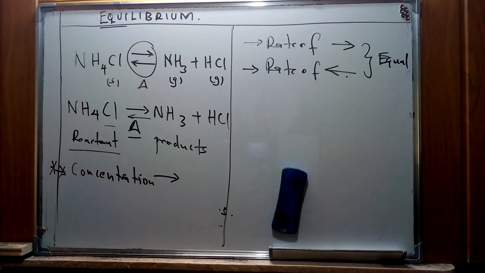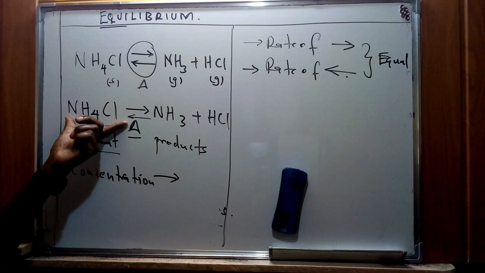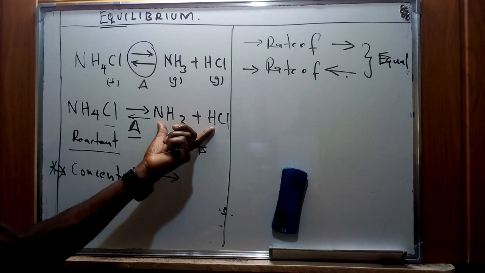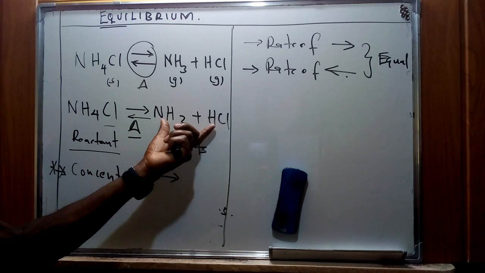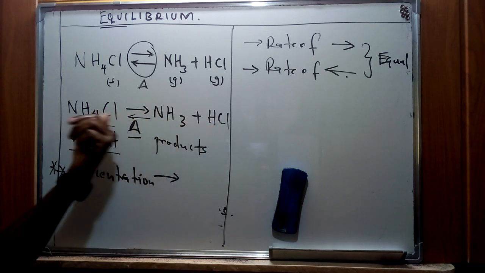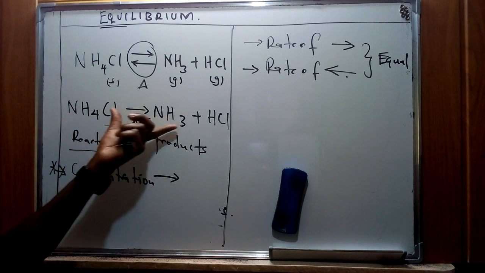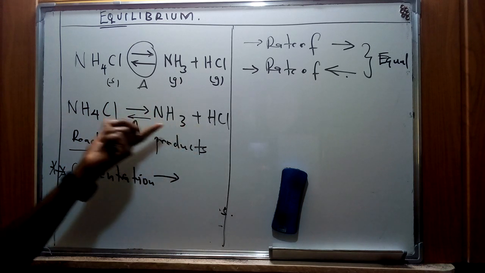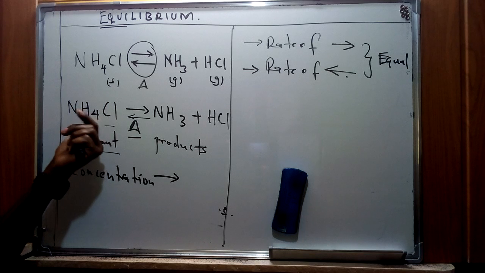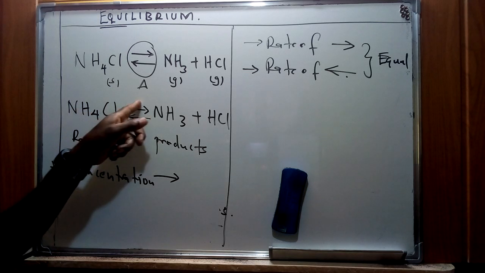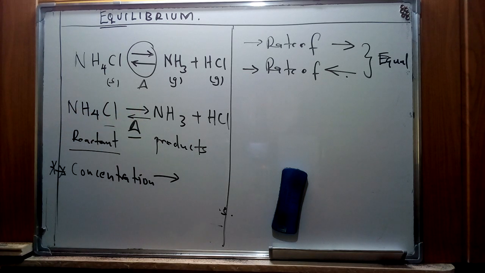Basically, there is a point whereby the concentration of the reactant will decrease to a point whereby the formation of the product is no longer favored, and the products combine to form the reactants in a way that the rate at which the reactant is being formed equals the rate at which the products are formed.